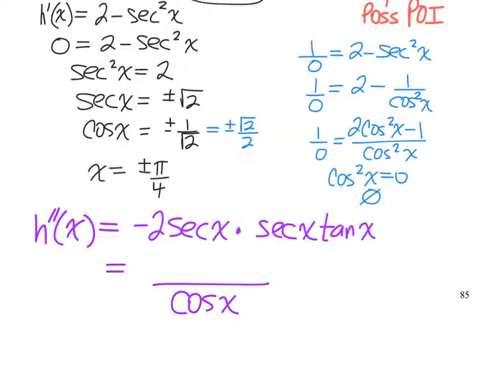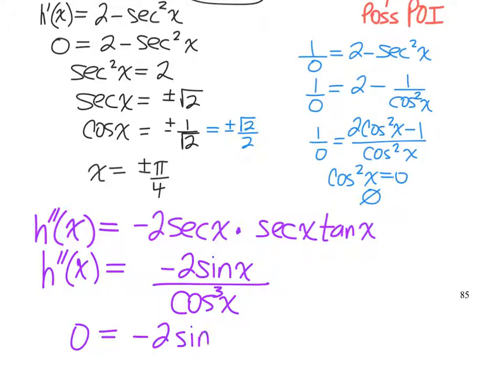The reason that's a good thing is because we're setting this equal to 0 in a second. So that's going to go away. By shunting it down to the bottom, we're basically saying, we don't need you. So -2 times the sine of x would be on top, and that's what my second derivative would be equivalent to. So I'd set that equal to 0, which is the same as setting just the top equal to 0.